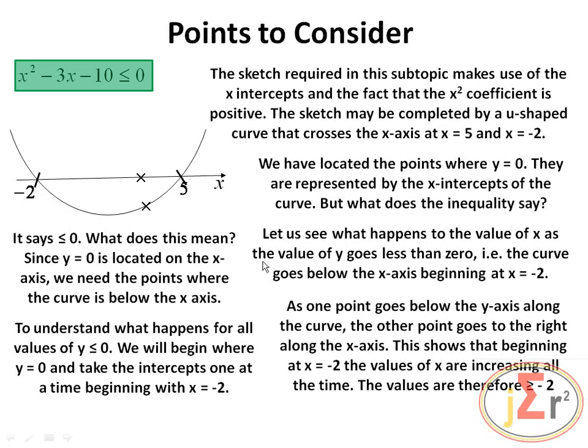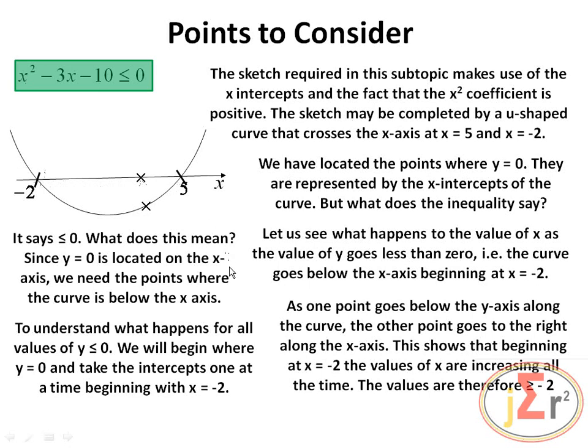As one point goes below the y-axis along the curve, the other point goes to the right along the x-axis. This shows that beginning at x equal to negative 2, the values of x are increasing all the time, because going in this direction we are getting larger and larger.